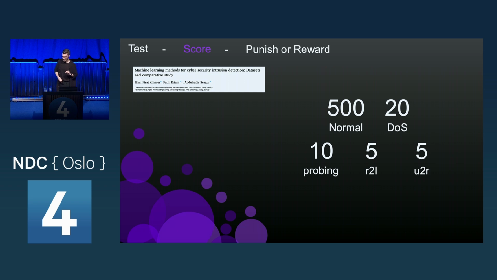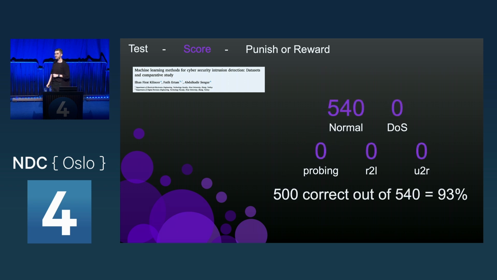I can have a model that just predicts every traffic as normal. And technically, I'd get an accuracy of 93%. But I'm just letting every piece of traffic go by. Yes, it's accurate. I'd be happy with a 93% score, but it's clearly not performant. So accuracy is what we say not robust to this class imbalance.